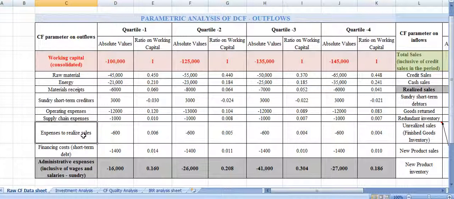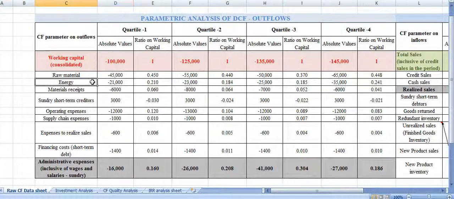Summarizing, I would say that the domain experts would now need to analyze the DCF outflow matrix over quarters based on the peer experiences, and fortify themselves to intervene in the areas where it matters most.